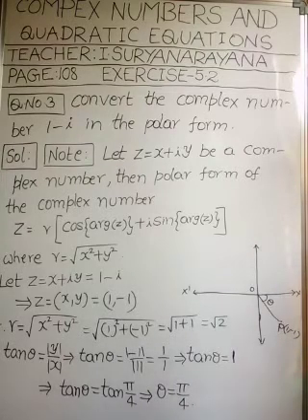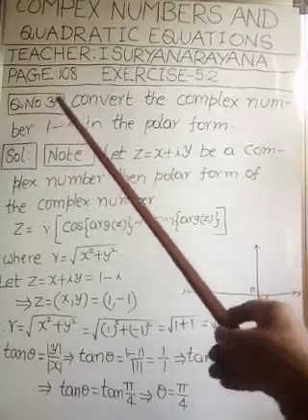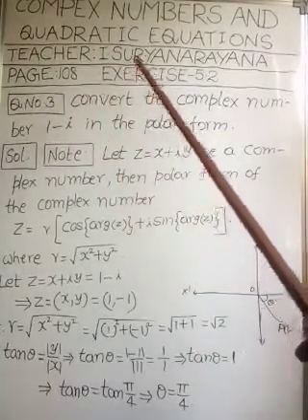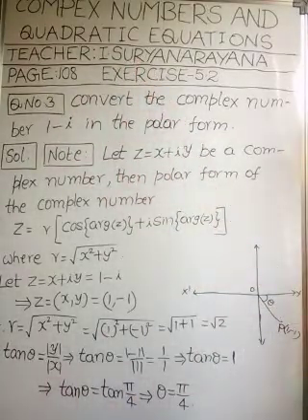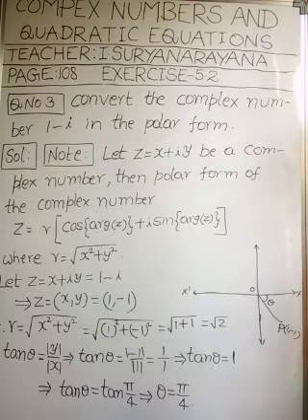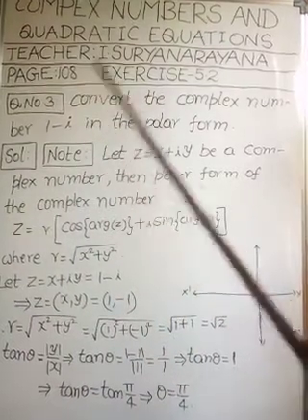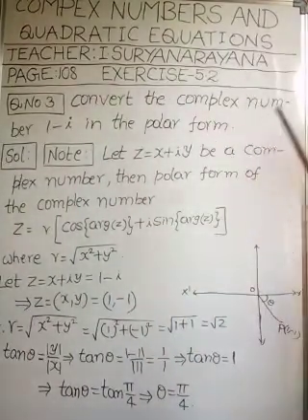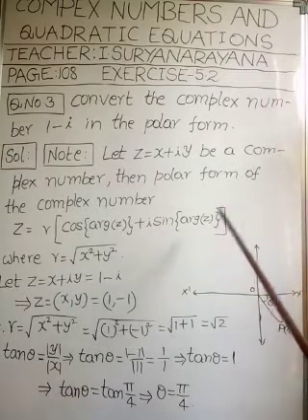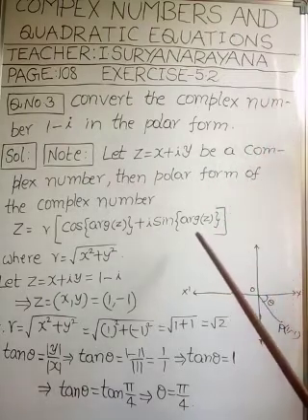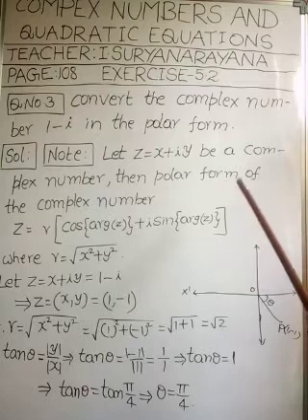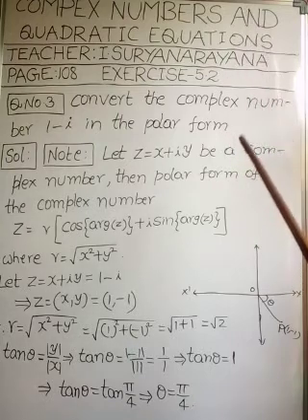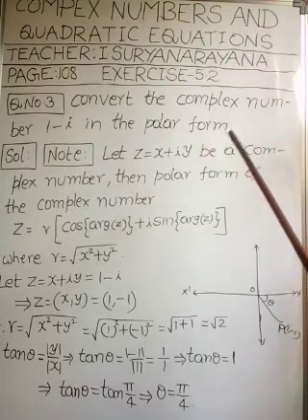Okay, my children. Now come to question number 3. In this exercise, all the questions are of the same type. Okay, my children. Total 3, 4, 5, 6, 7, 8 questions, from question number 3 to question number 8. We follow the same steps, the same procedure. Please listen to these steps carefully, my children.